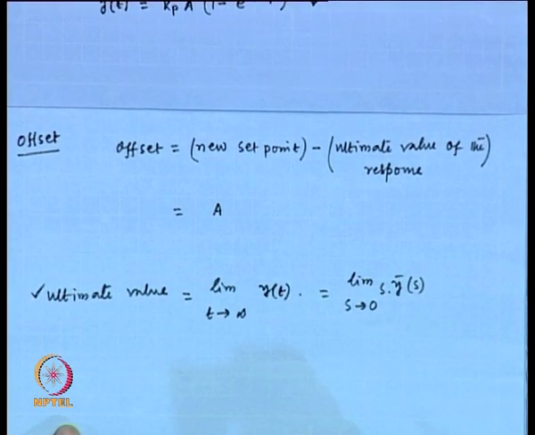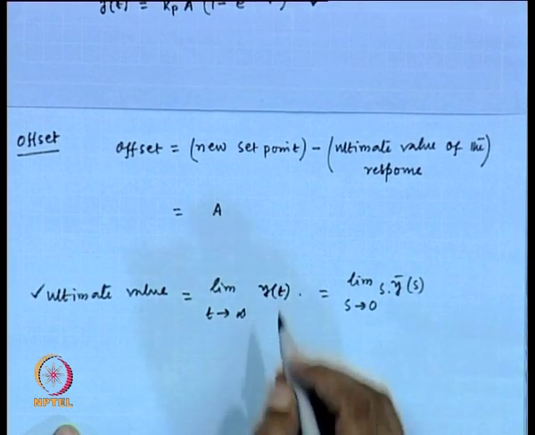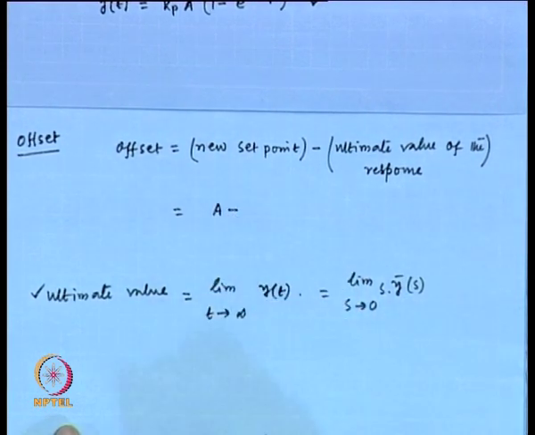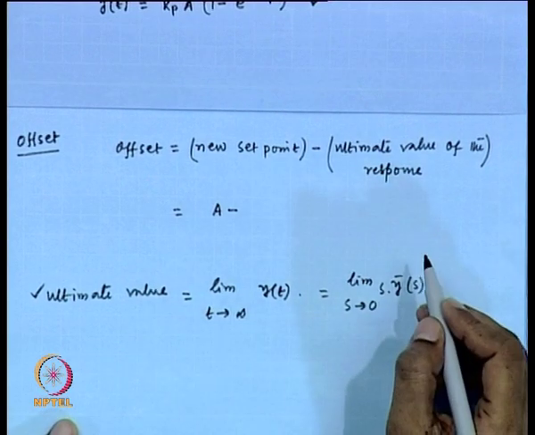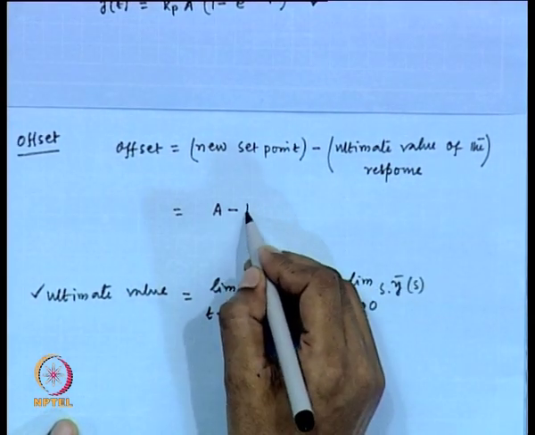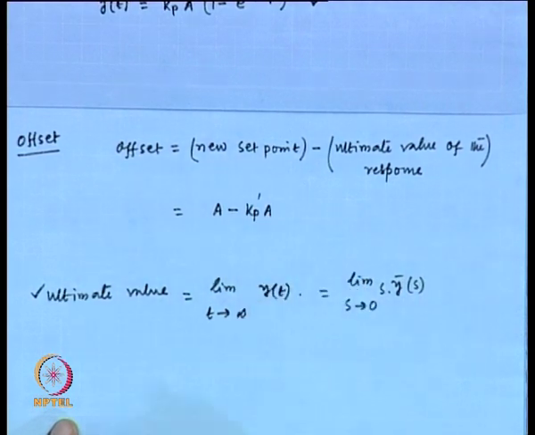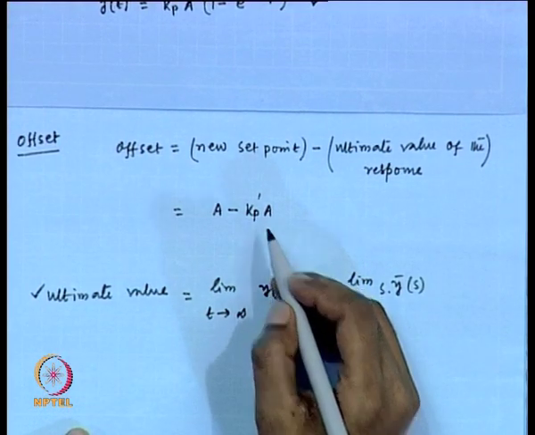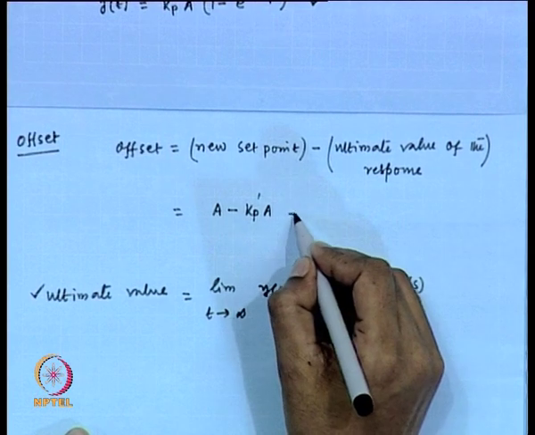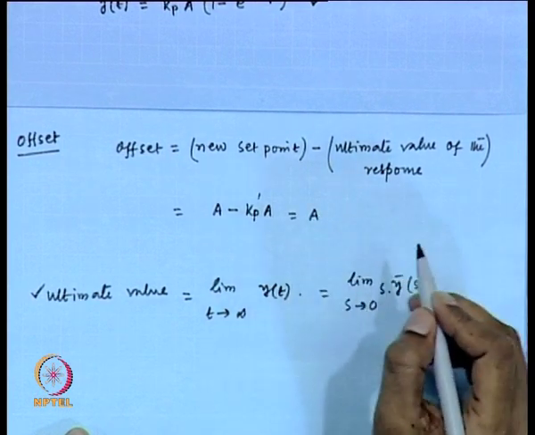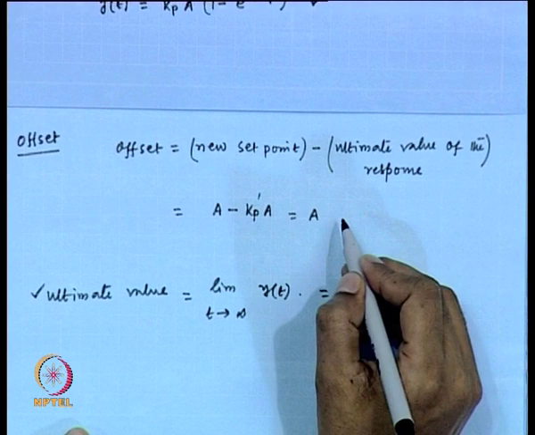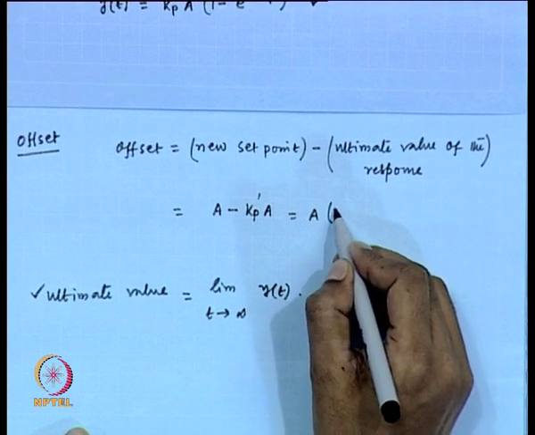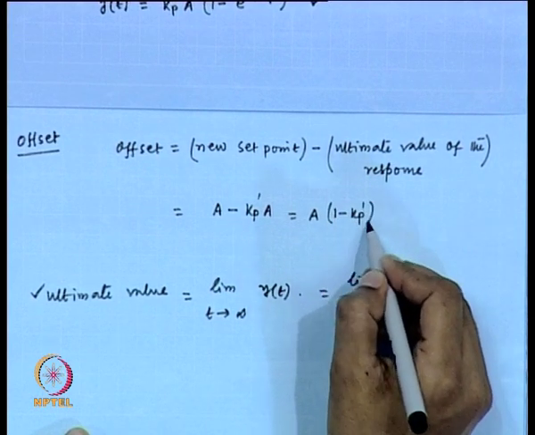Set point value is A because we have introduced a step change with magnitude A, and what is the ultimate value? If we apply the final value theorem, we can obtain the ultimate value as Kp prime A. Now, offset becomes A multiplied by 1 minus Kp prime.